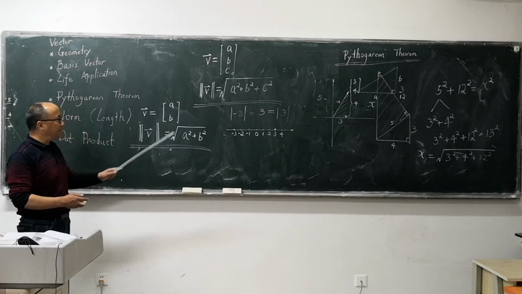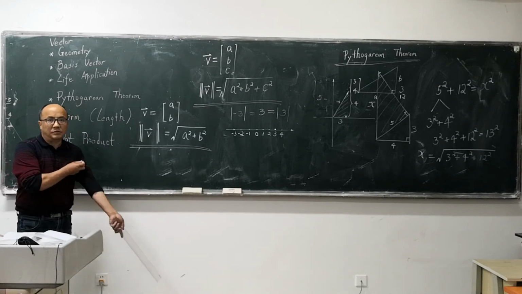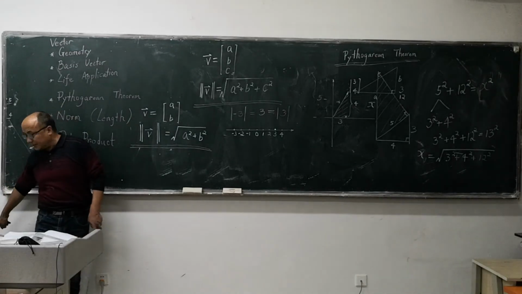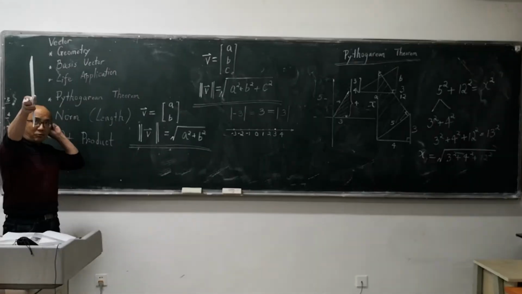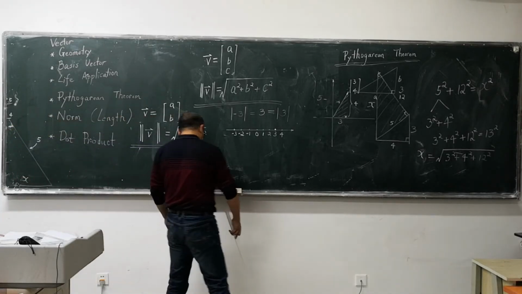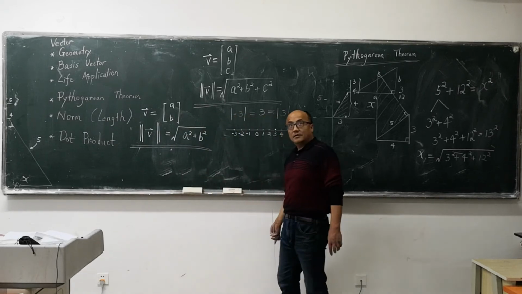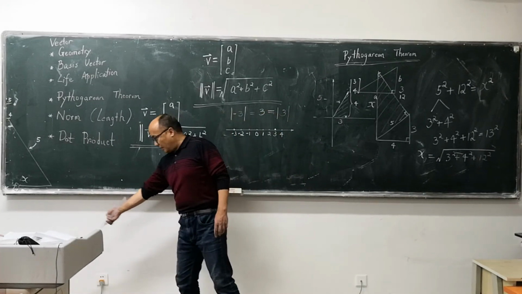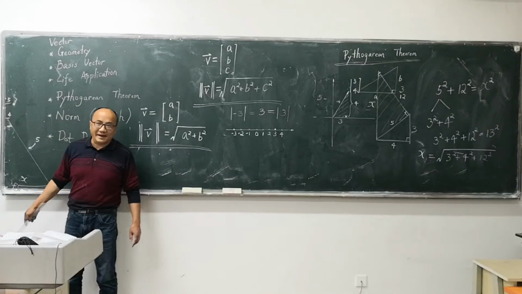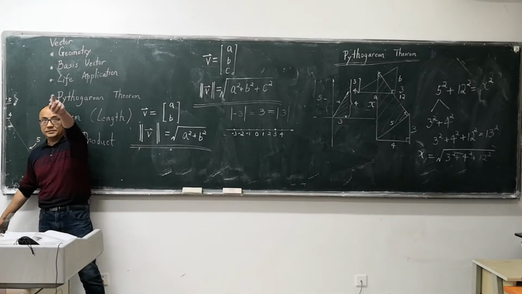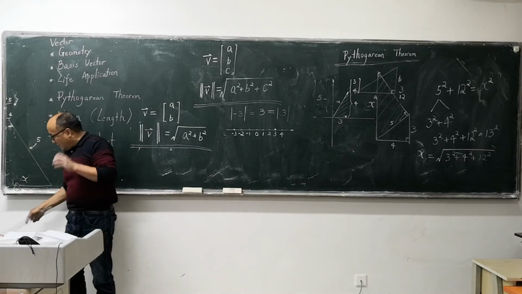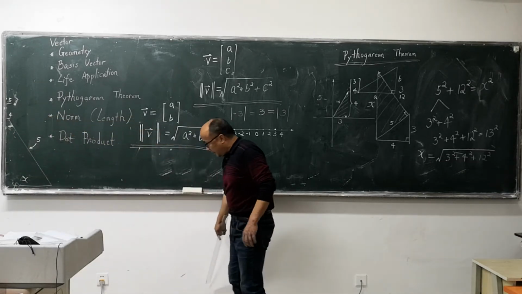Let me raise one example. In this room, let's say from here to that projector, let's say the origin is this corner, and the vector is from here pointing to that projector.